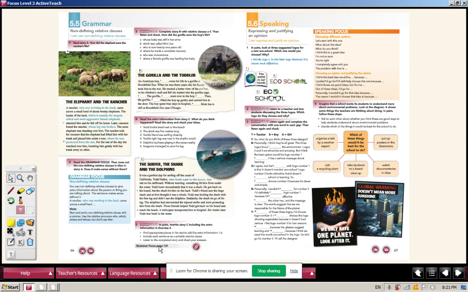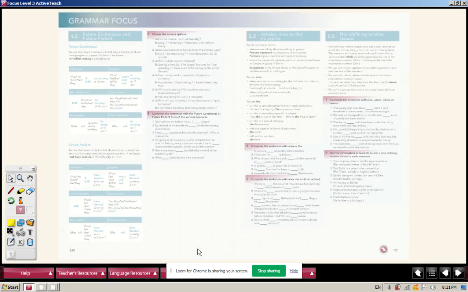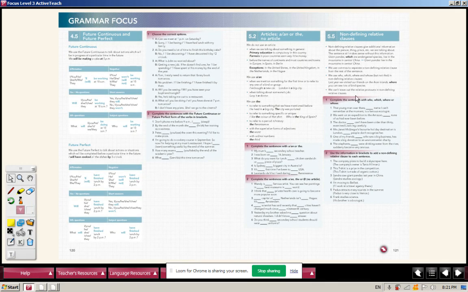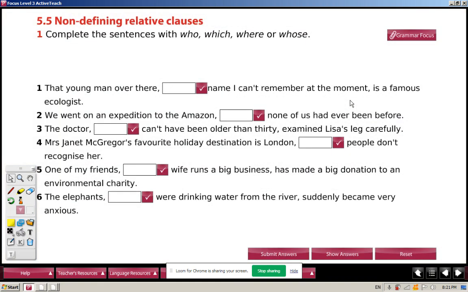Now, let's go to page 121 and check what you have learned. We will do exercise number 1, which says, complete the sentences with who, which, where, or whose. 1.